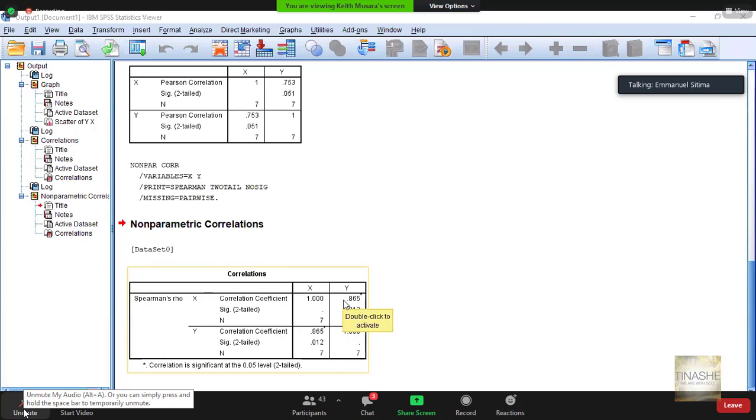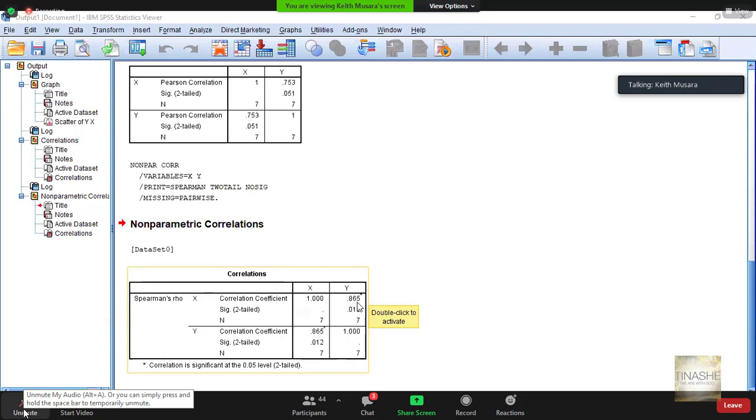We have to interpret it and say that there is a strong positive linear relationship between X and Y, because it's above 0.75.